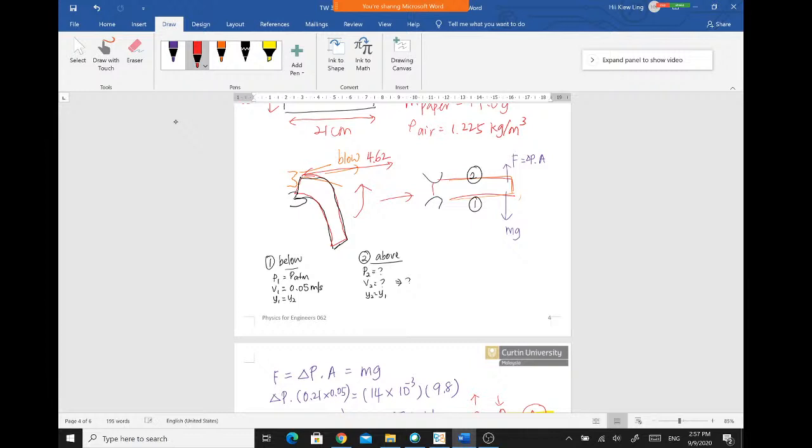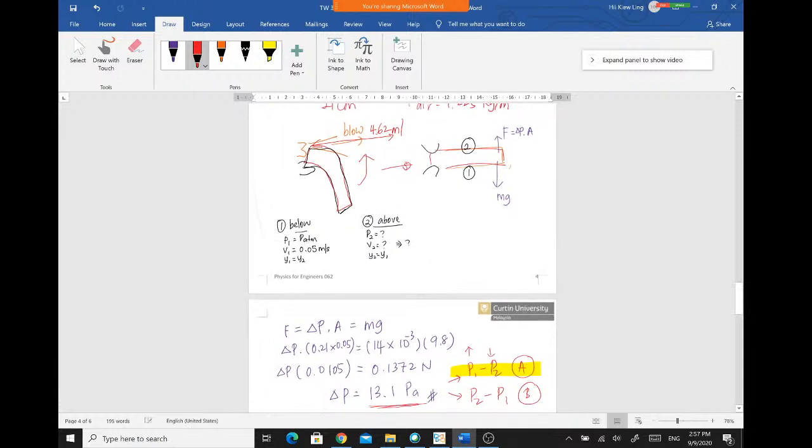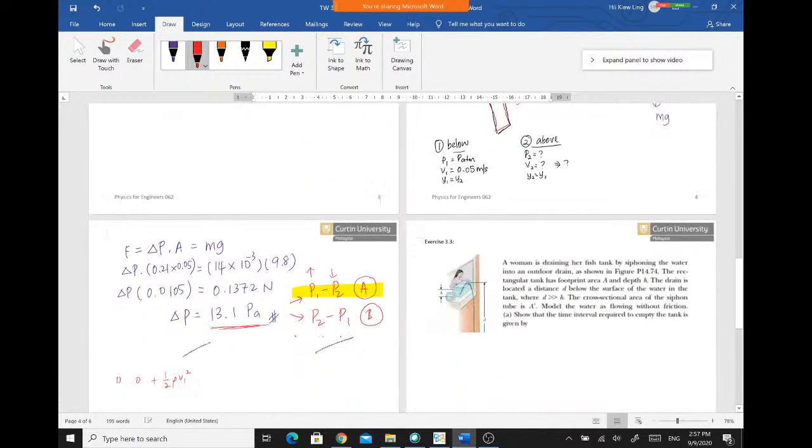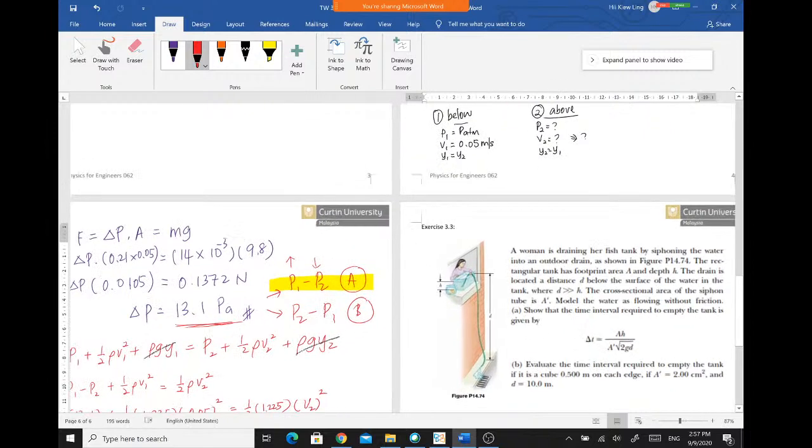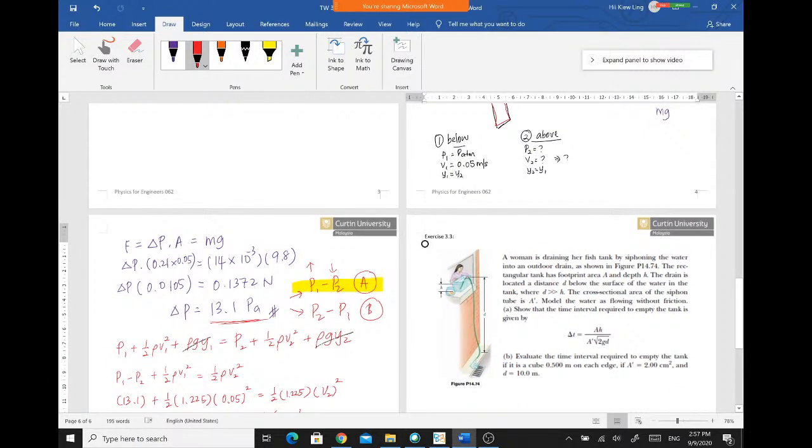Then the whole paper will be lifted up. If we have the chance to get a speed meter, then we can actually verify. But in fact, in real life, we won't get the exact same value again. Why? Because there are a lot of other factors which we have already ignored.